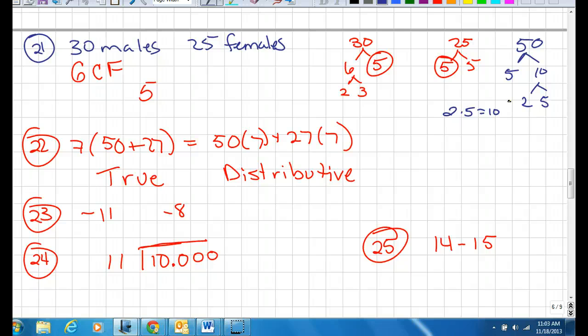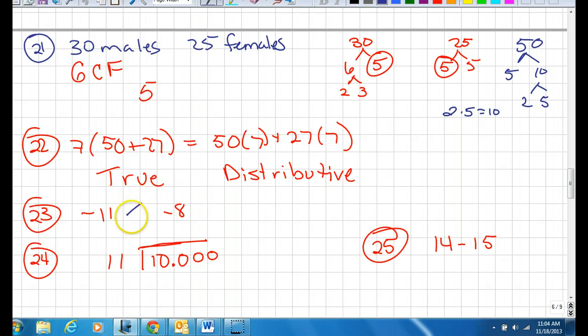All right? For 22, it's just asking you if this is true or false. Does 7 times the quantity 50 plus 27 equal 50 times 7 plus 27 times 7? And yes, it is. It's the distributive property. 23. It wants to know if it's a greater than or less than sign there.